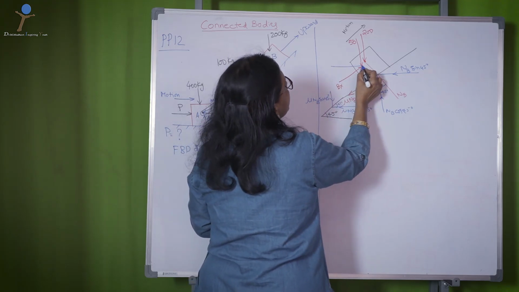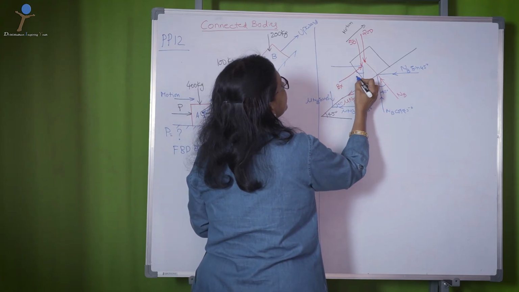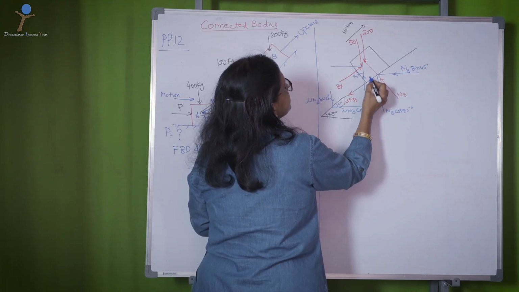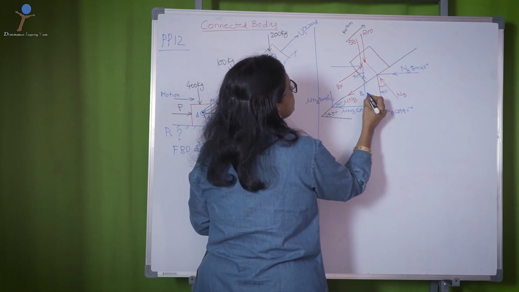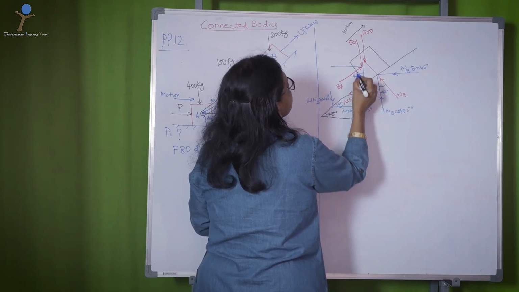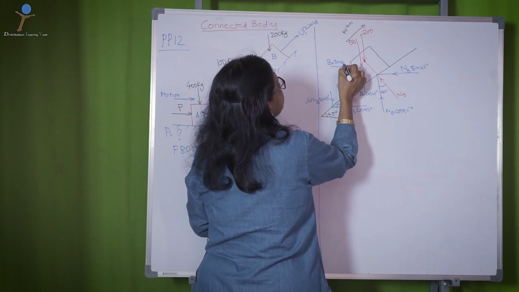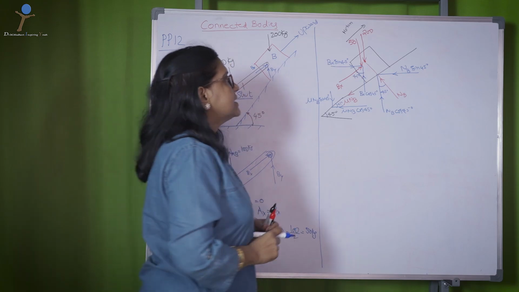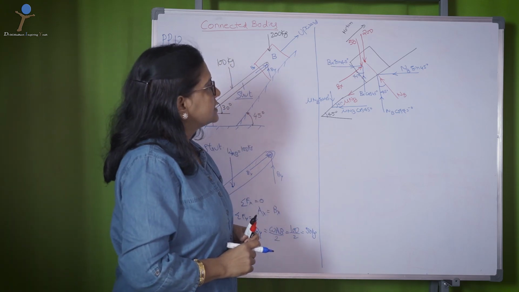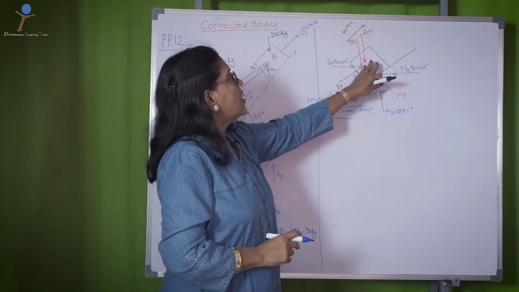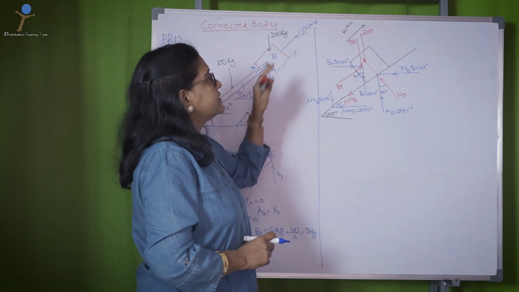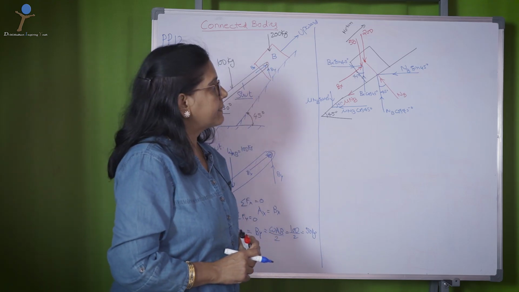Now, this angle is again 45, so this becomes Bx cos 45 and this is Bx sin 45.